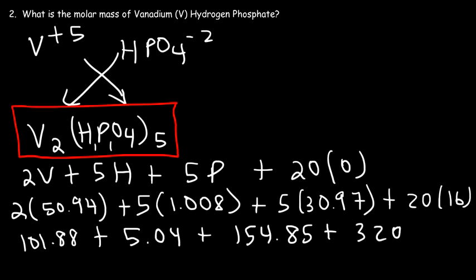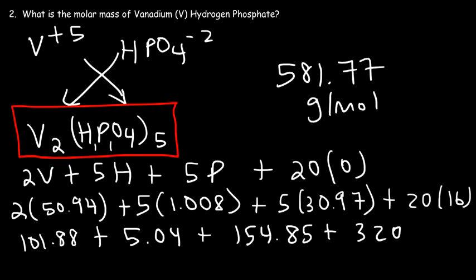So now let's add up these four numbers. I got 581.77 grams per mole. So that's the molar mass of vanadium(V) hydrogen phosphate.